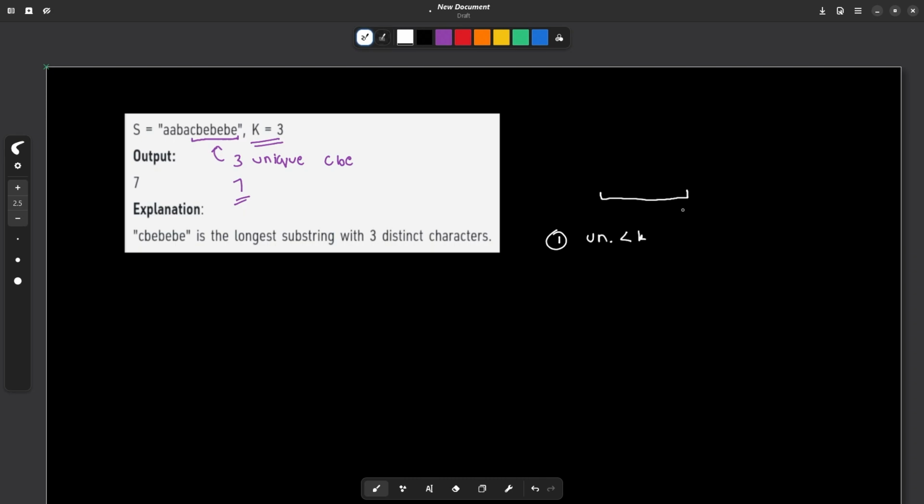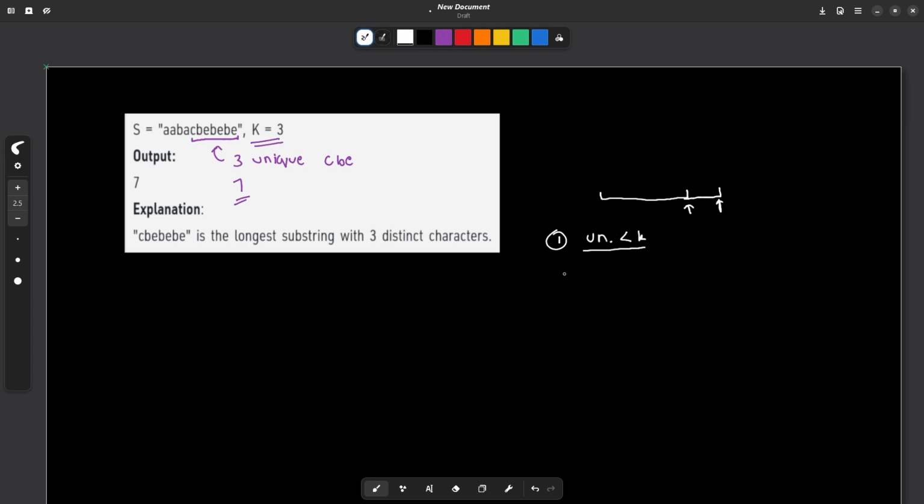So let's say my right pointer was here. I'm going to extend it one space to the right so that my overall string becomes a little bit greater. So it will include one more character like this. So this is what I do when my number of unique characters is less than k. I try to increase my substring to the right.